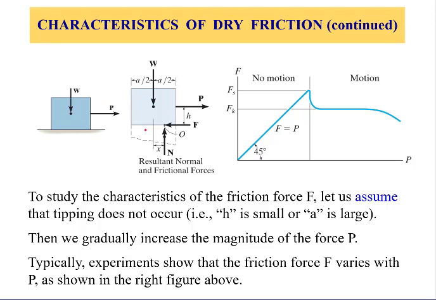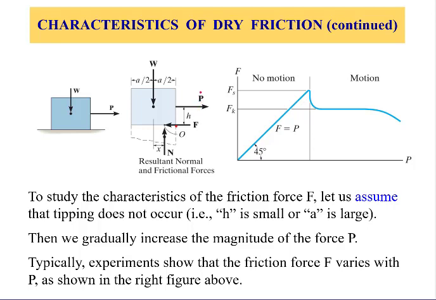Now, to better understand what's really happening to the friction force between the surface and the object, let's assume that the configuration of the system is such that the object doesn't tip about point O. It doesn't tip. So by examining this, we mean that the value of the force P incrementally increases.